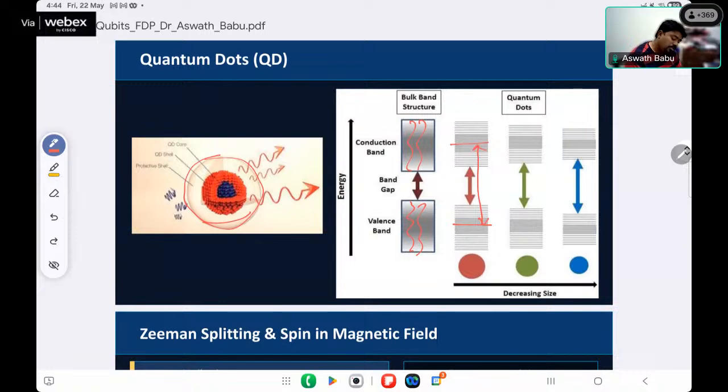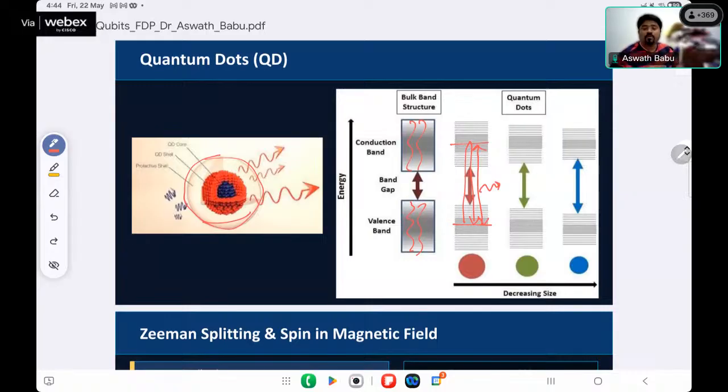The electrons in the ground state of such a quantum dot excite and de-excite. When they de-excite, they emit light. For example, if the energy separation is very small, this will respond to only low energy light, which is red color.